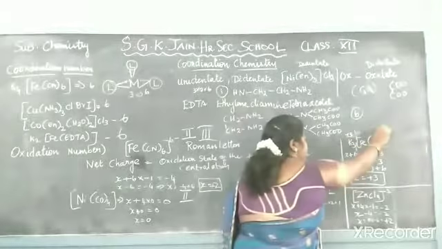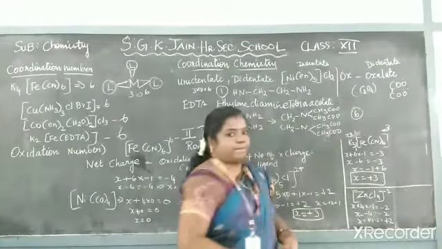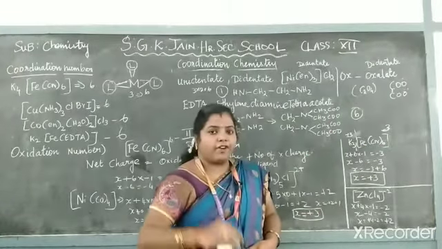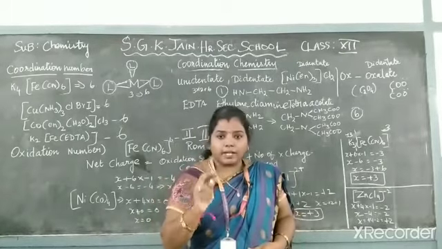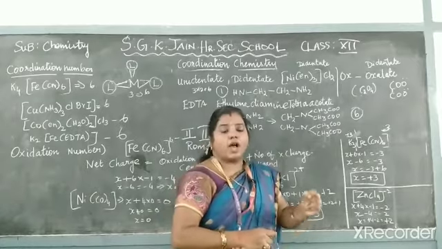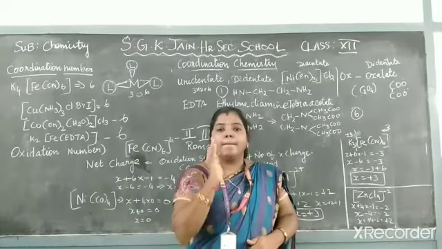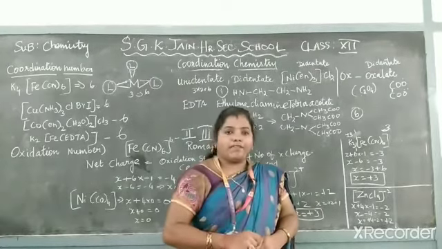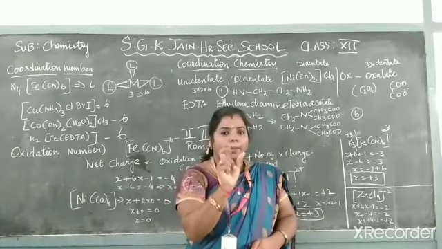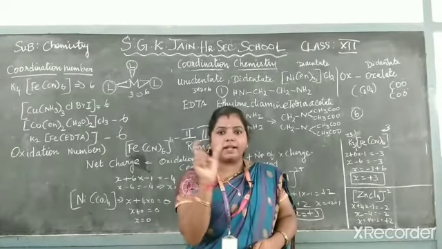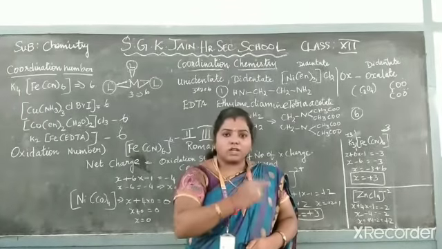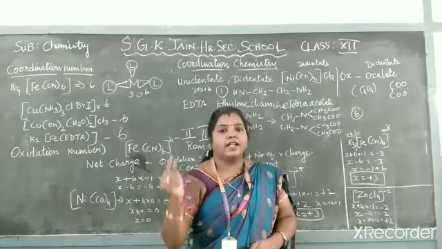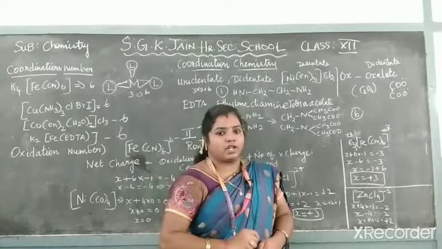So if it is plus 3, here it should be minus 3. Have you all understood? For most cases the net charge is given, but in a few cases if it is not given, you have to find the charge based on the counter ion. Do you all know the counter ion? The atom which is present outside the square bracket is called the counter ion.